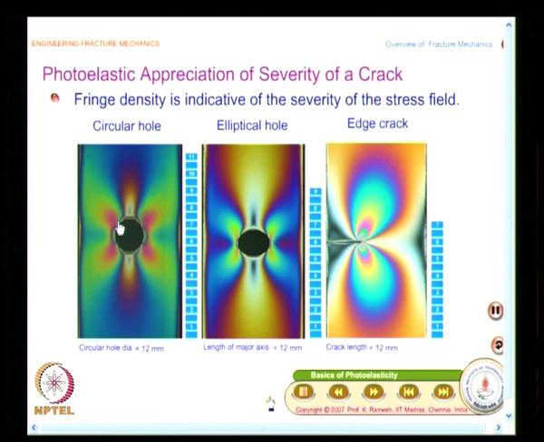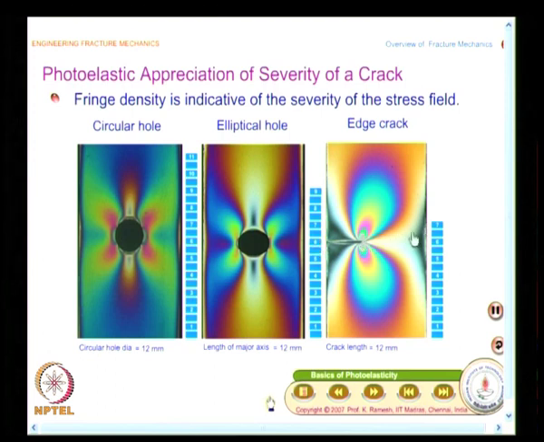And in order to emphasize that a crack is more dangerous than a circular hole or an elliptical hole, we also saw the fringe patterns. We will see those fringe patterns again. You have a plate with a circular hole, a plate with an elliptical hole, and a plate with a crack.